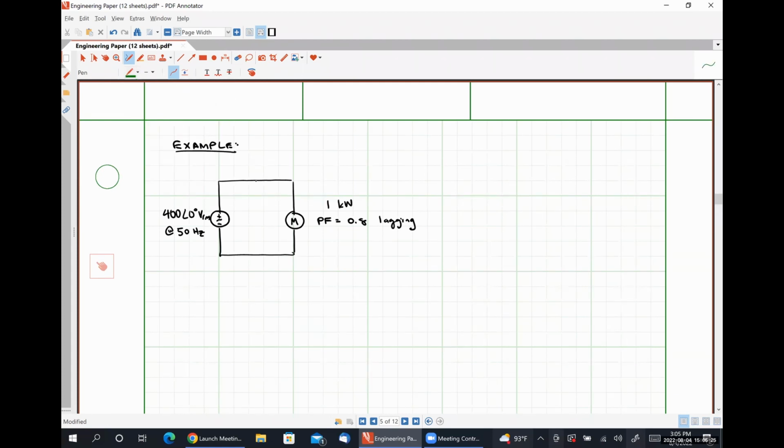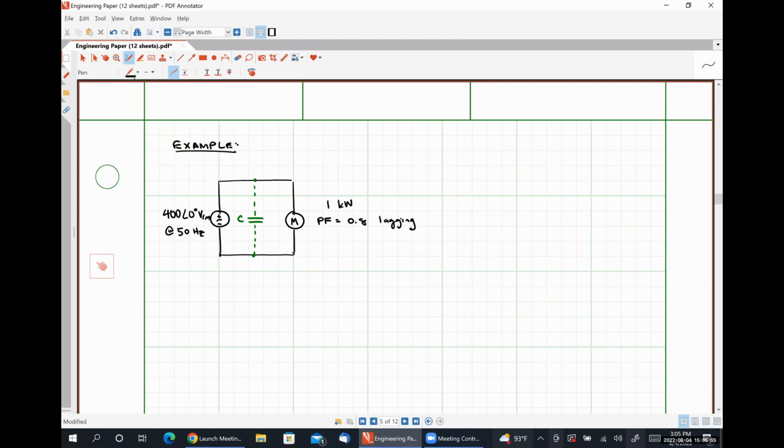To perform power factor correction, we would simply place some capacitor C in parallel with our voltage source to increase the power factor at which our source is supplying power, or effectively to increase the power factor at which our motor is absorbing power.